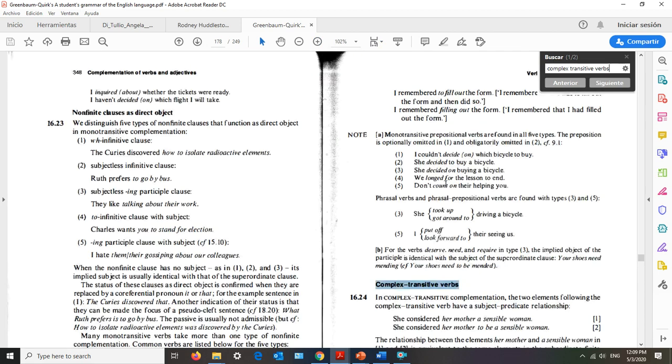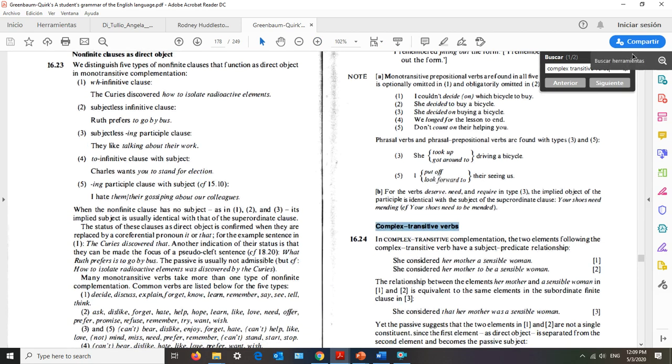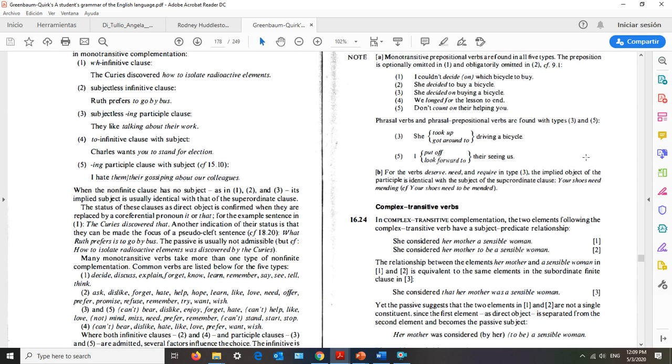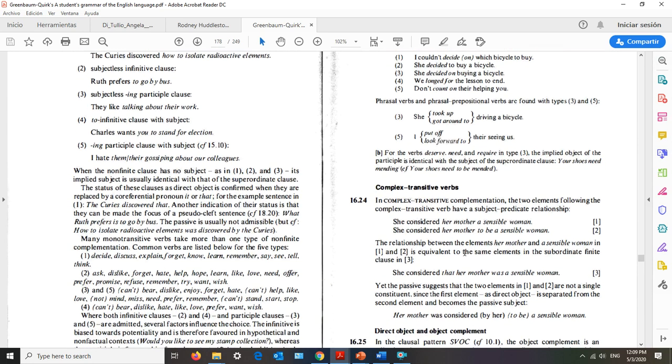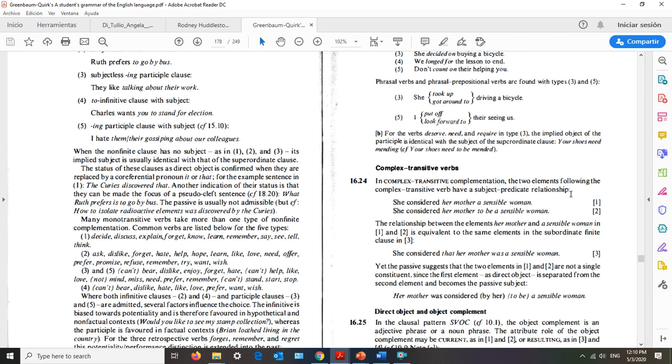So complex transitive verbs, as a reminder for you guys, entail that two elements following the complex transitive verb have a subject-predicate relationship.